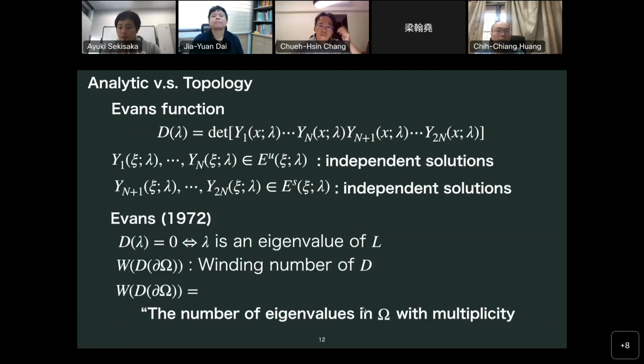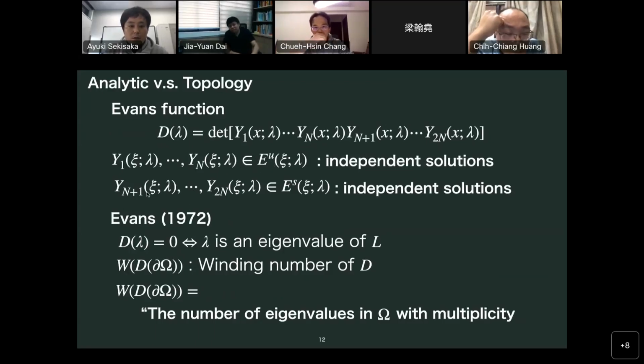A similar result is also well known. We can define an analytic function as follows: D of lambda equals the determinant of y1 to yn and yn plus 1 to y2n, where each column is such a solution. y1 to yn are in the unstable subspace, so we can take these independent solutions in E^U.